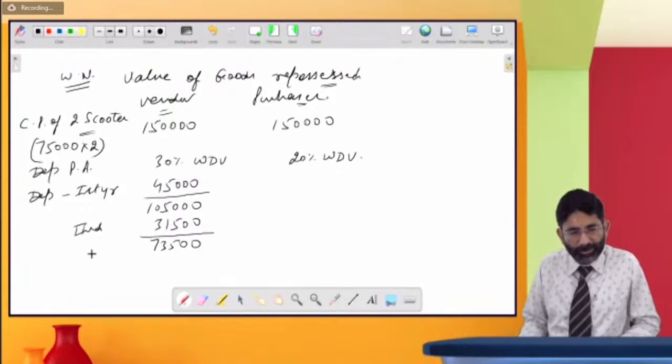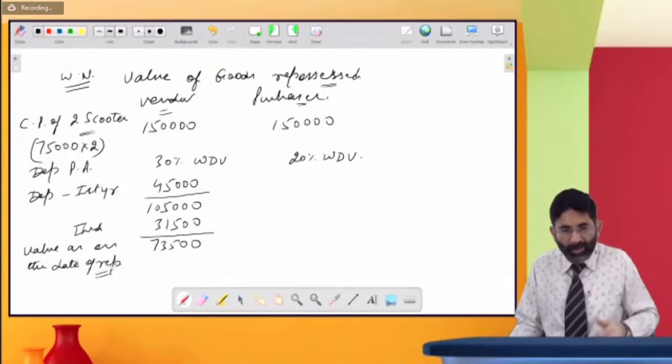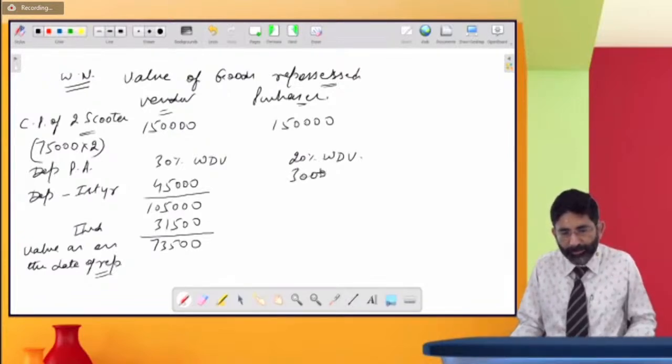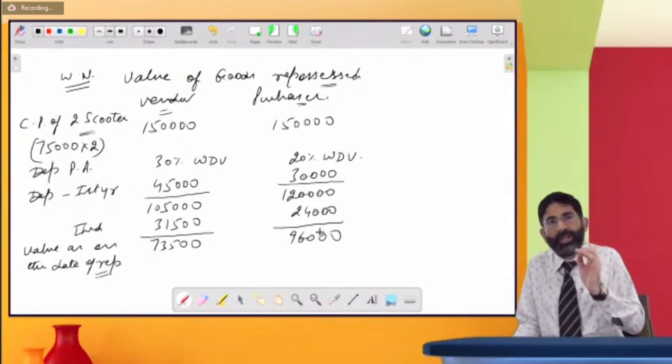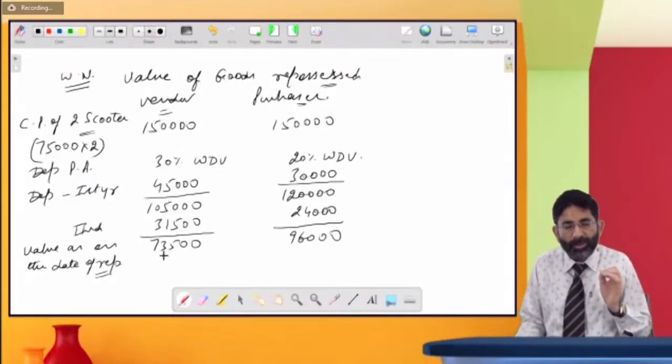This is the value as on the date of repossession according to vendor. And this is 20%, so it will be 30,000. It will be 1,20,000. Then 24,000, it will be 96,000. So according to vendor, these goods are valued at rupees 73,500, whereas purchaser assumed that these goods are worth rupees 96,000.